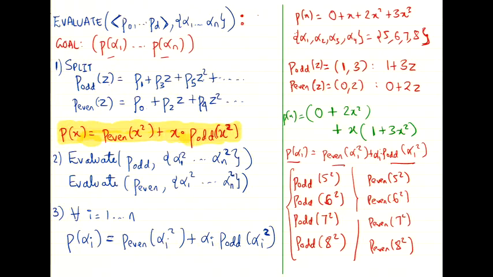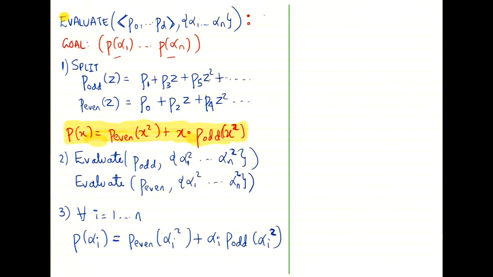So here's a concrete problem we have. Let me just highlight the problem we have. Here it goes. You're given a polynomial p via its coefficients p0 to pd, and you're given some number of values, alpha 1 through alpha n, where you want to evaluate this polynomial.